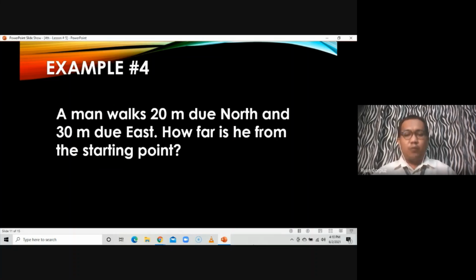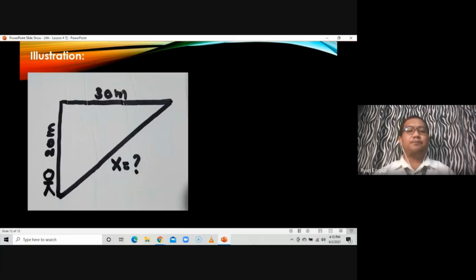And also in that way, we can think of a way on how we are going to solve the problem. So if I'm going to draw an illustration for example number 4, this is how we will draw it. So for example, this is a man. A man walks 20 meters due north.